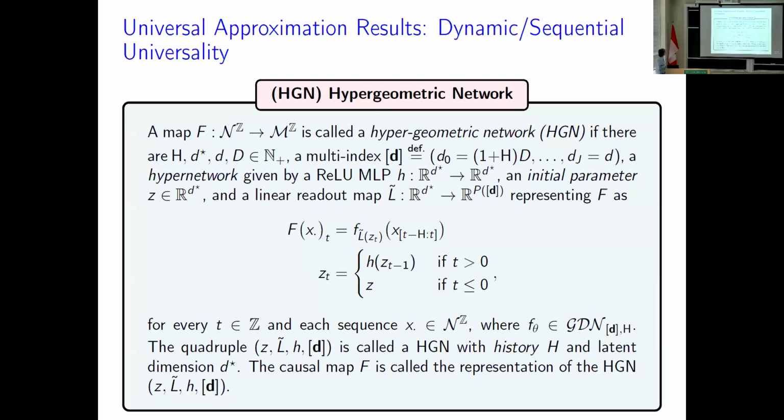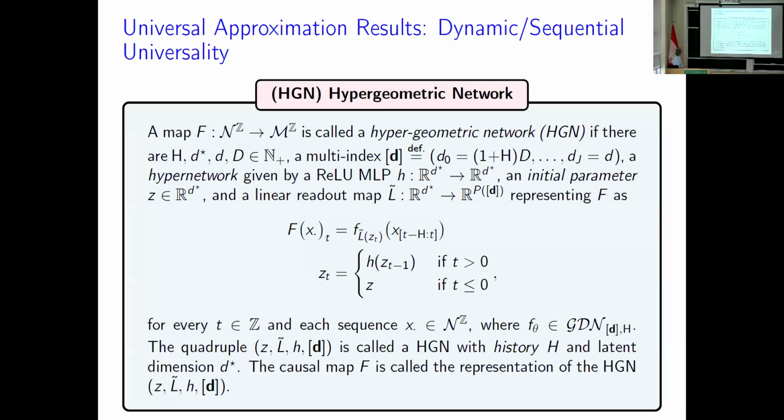We take this map and define this hypergeometric network if there exist some parameters that define the architecture of the network, and a hypernetwork, which is a multi-layer perceptron neural network with a ReLU activation function, an initial parameter z, and a linear readout that defines the evolution of the parameters in this way.